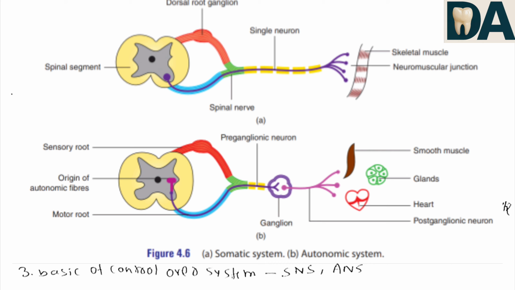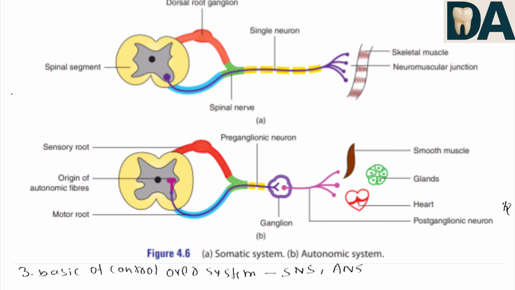For example, movement of limbs by action of skeletal muscles. Autonomic nervous system is the part of the nervous system that controls involuntary action. For example, functioning of internal organs such as heart and intestine.